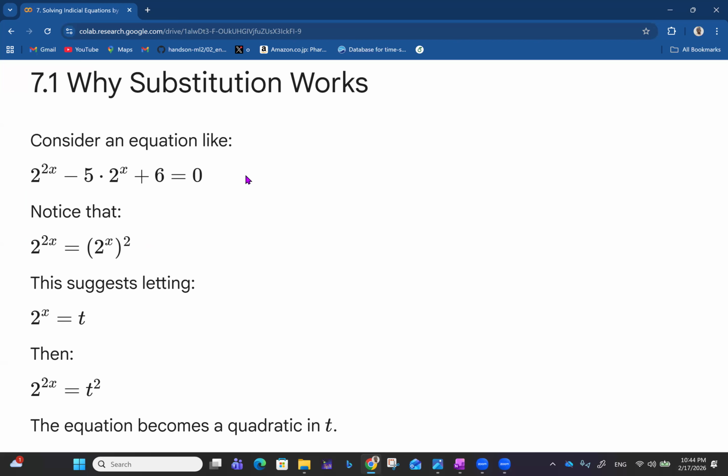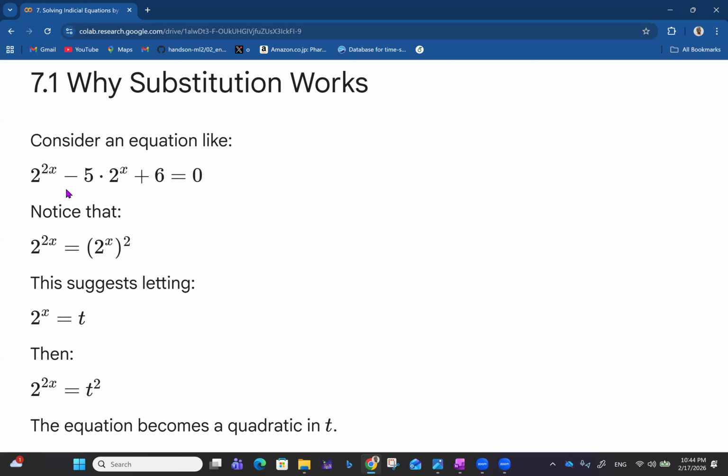Now if you look at this, you cannot just equate indices. There's no power to equate per se because the expression is totally different. But we can see a pattern: there's 2 raised power x here, and we can also take 2 raised power x out of this place. This suggests letting 2 raised power x be t. Here we said a raised power x should be t, where a is the base, so 2 is the base here. So 2 raised power x equals t.